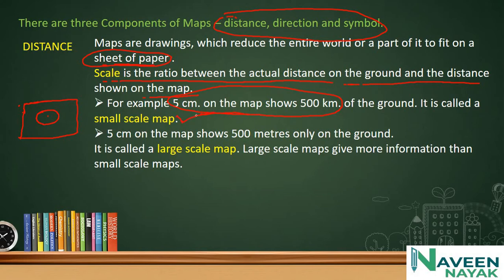And we reduce the size of the objects on the map to show huge areas. If 5 centimeters on the map shows 500 meters only on the ground, it is called a large scale map. Large scale maps give more information than small scale maps. Remember that.